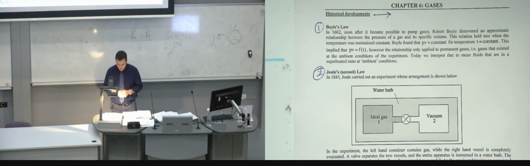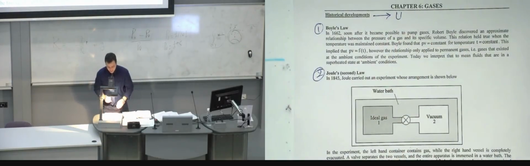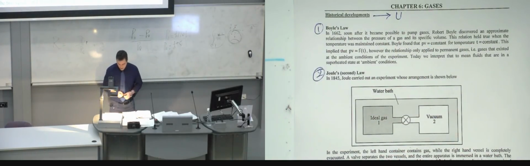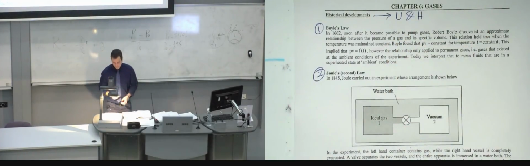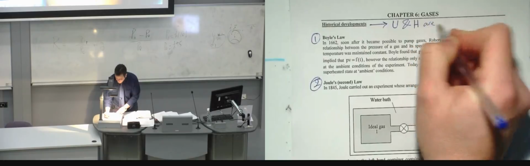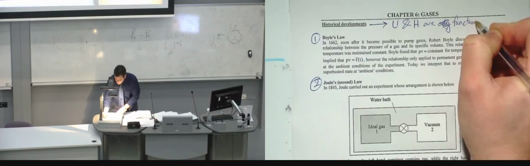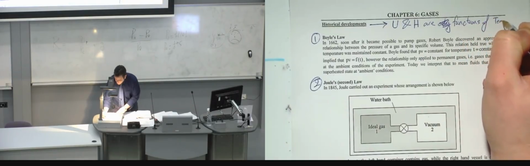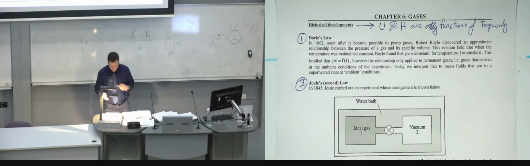What these 3 experiments have shown, these historic experiments done in the 1800s and 1600s, is really that U, which is, remember, the intrinsic internal energy, and H, which is the enthalpy, are both functions of temperature only. And I'm going to show how we find that.